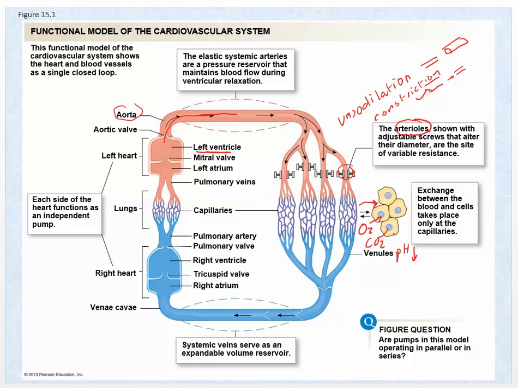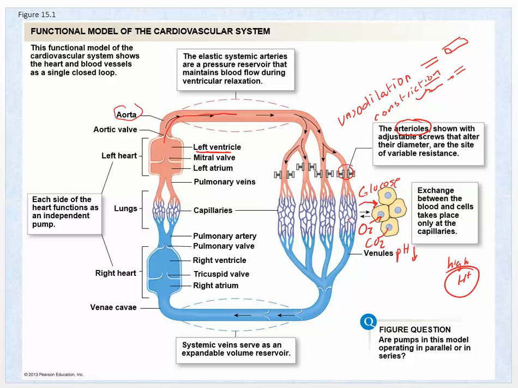But around the cells, the pH tends to be very low, which means it has a high hydrogen concentration around the cells. Metabolically active cells are kind of a messy place, and so we're trying to get rid of all that, clean that up, and then provide it with more nutrients, things like glucose. All of that takes place through the capillaries.